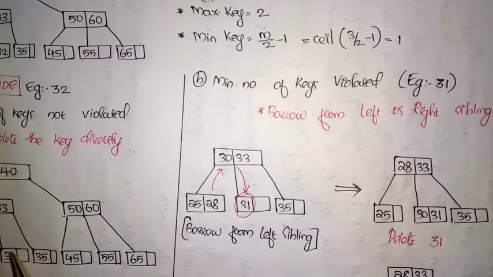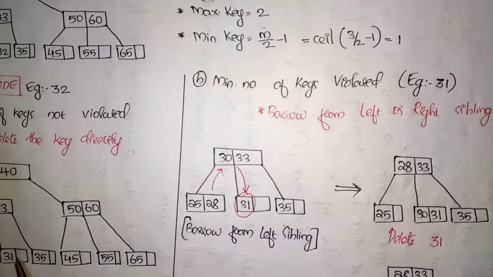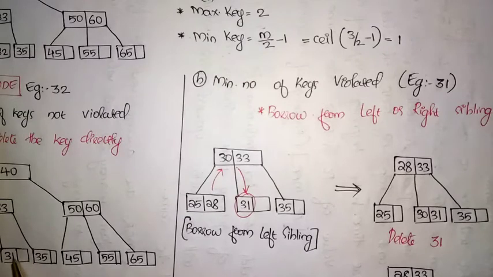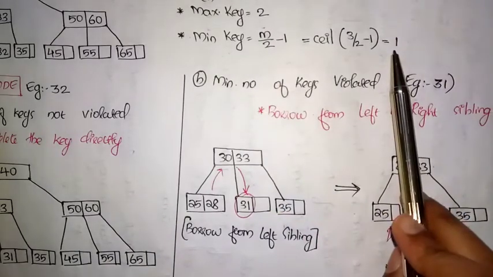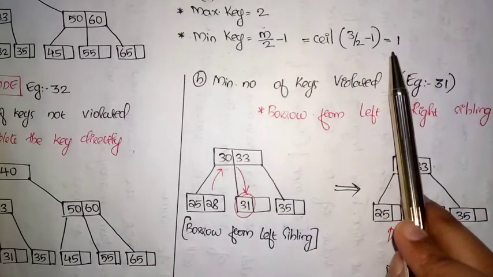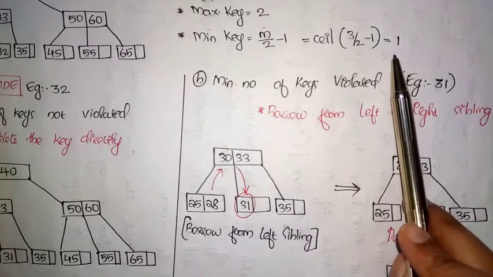If I have to delete this 31, this is actually going to violate my minimum number of keys condition. Because if I delete this 31, then this particular node does not have any key at all, and that violates the minimum number of keys condition of 1, because at least a single key has to be there.